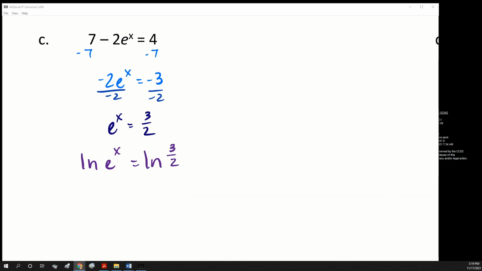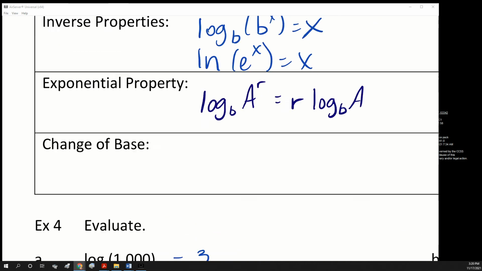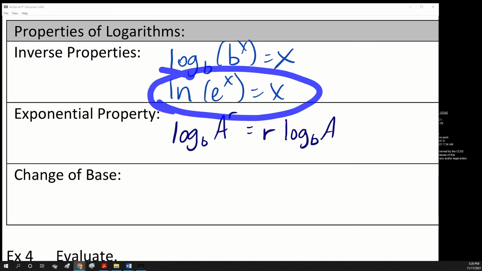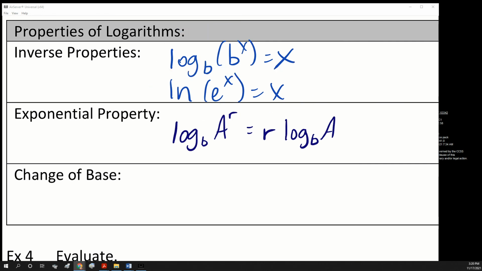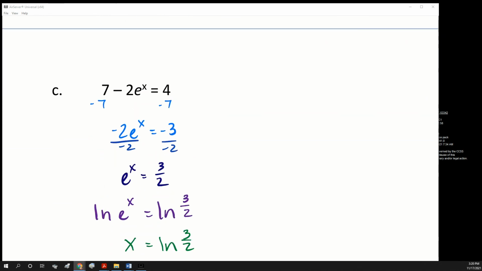Now, this one is a little different because we can use the inverse properties on this one. The natural log of e to the x is just x. And so we have our equation solved. So that was a property we talked about in the previous lesson, because logarithms and exponential functions are inverses of each other. They undo each other. And so you are just left with the x there.